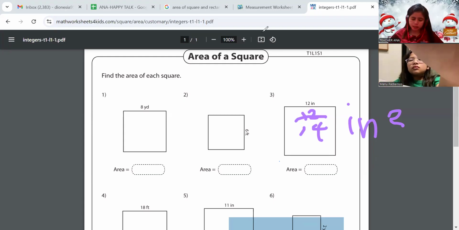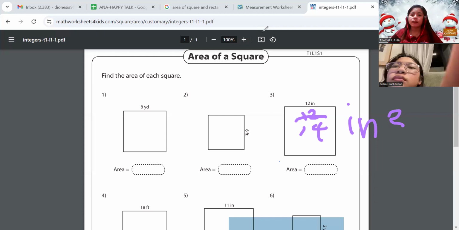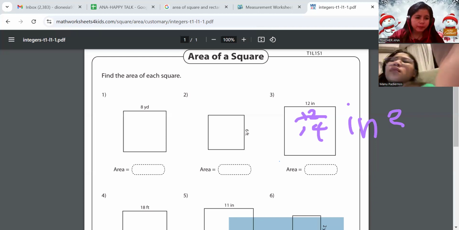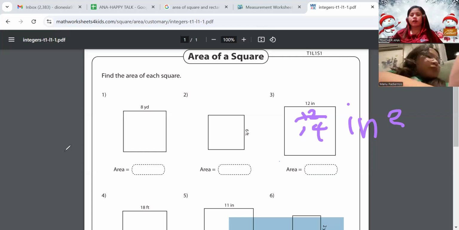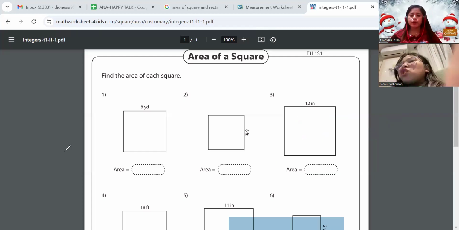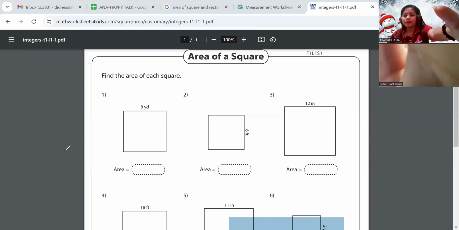Okay, you do it again, Mano. Number 3. What's the measurement for number 3? 12.